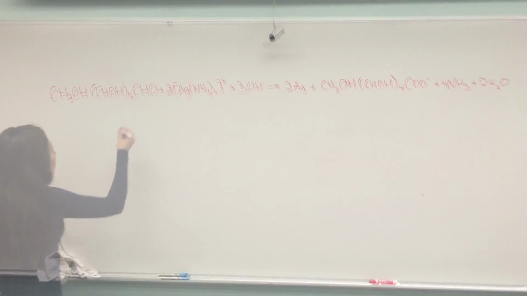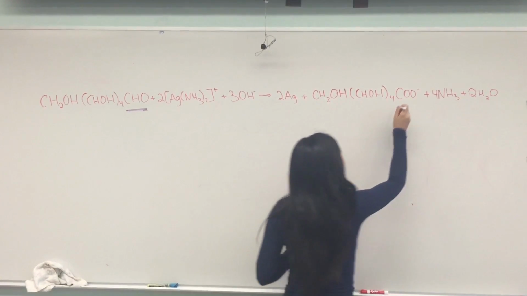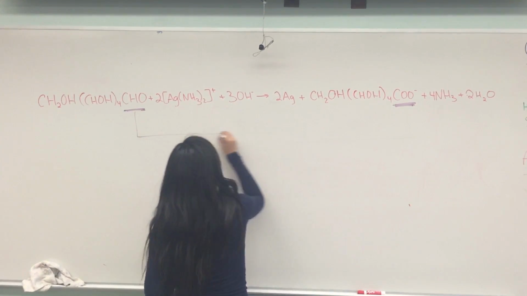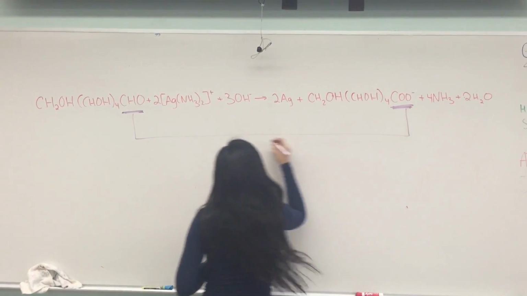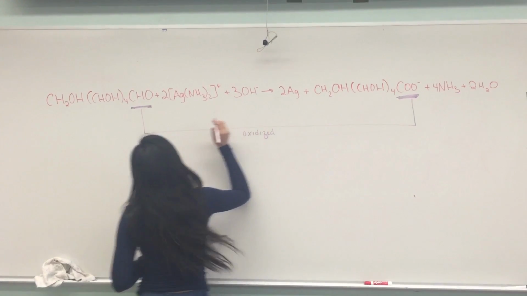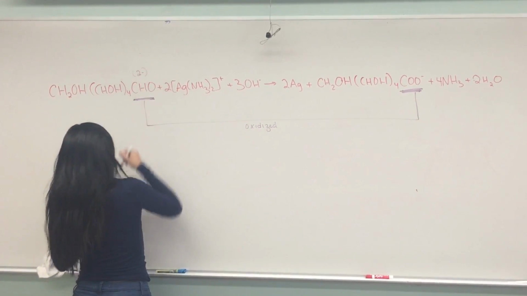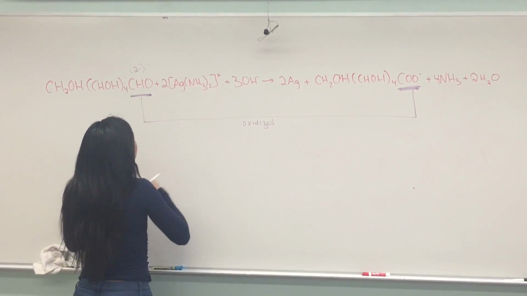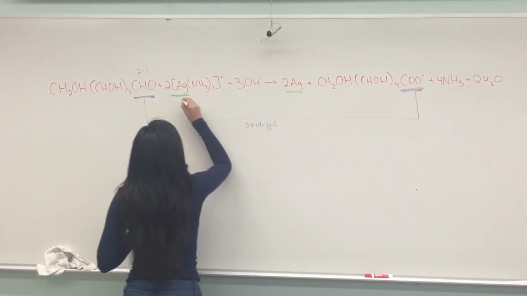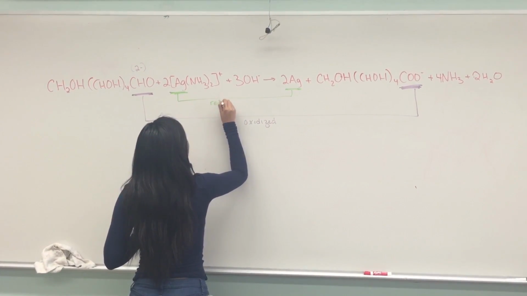In this reaction, the silver diamine ion acts as the oxidizing agent, which oxidizes the aldehyde functional group CHO of dextrose, a reducing sugar, to a carboxylate ion, COO negative. As this oxidation occurs, silver is reduced from the +1 oxidation state to metallic silver.